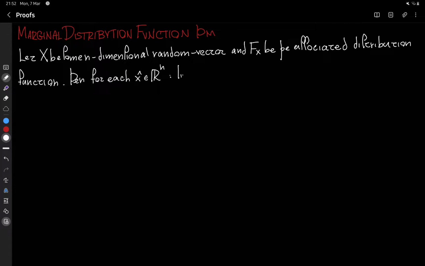it holds that the limit as x_n approaches infinity of the distribution function F_X at the point x, which we can write out as x_1 ... x_n, is equal to the distribution function of the random variable which matches exactly the random variable X, except it has one fewer entry, right?